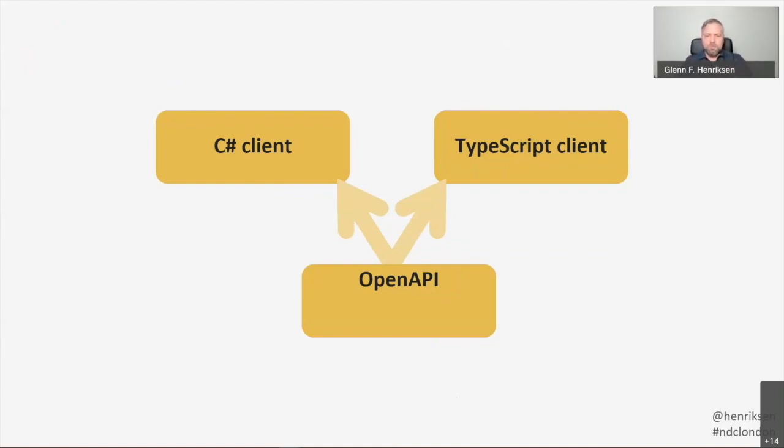Now, there's lots of tools for doing this in various languages, and the actual generation is not as interesting in this context. The important thing here to know is that OpenAPI can be used to generate clients automatically.